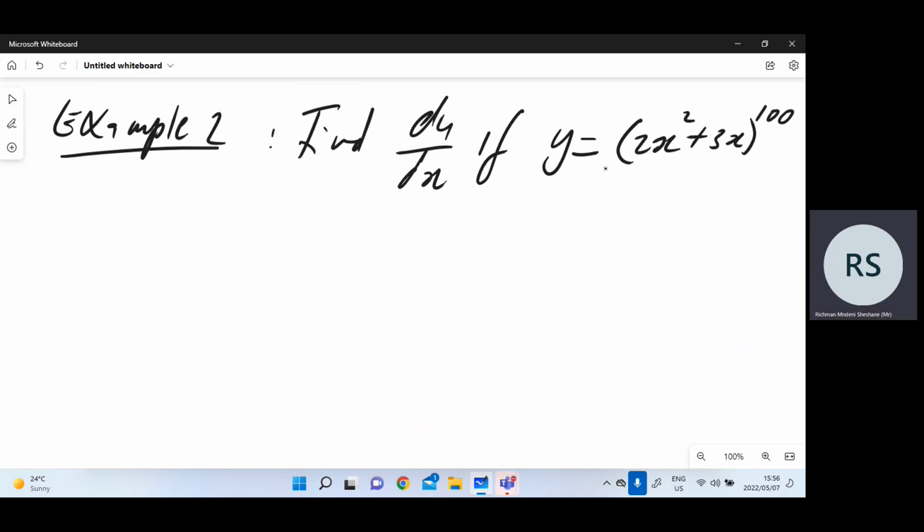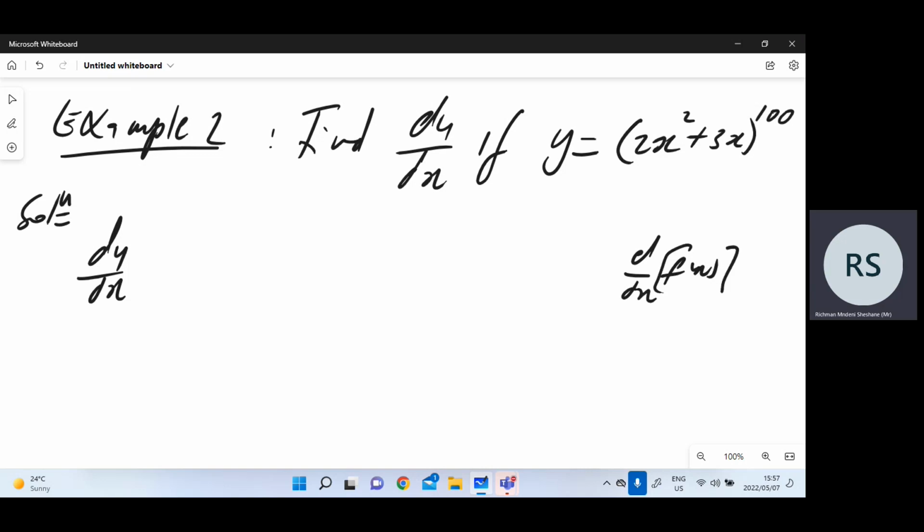I want to differentiate this function, y is (2x squared plus 3x) to the power of 100. dy/dx, again, I see the form of this formula. I take my formula from the formula sheet.